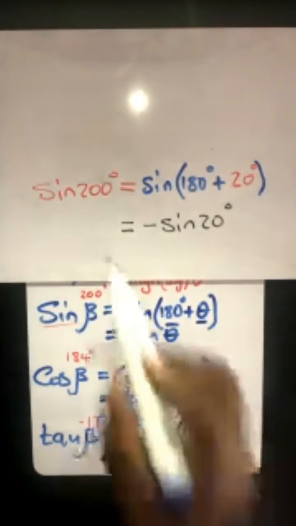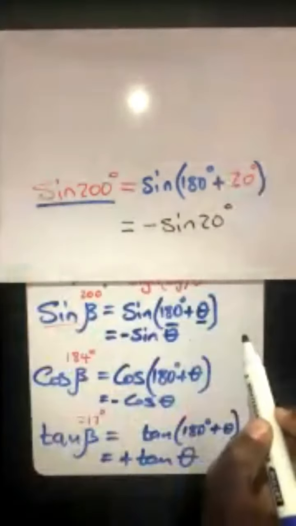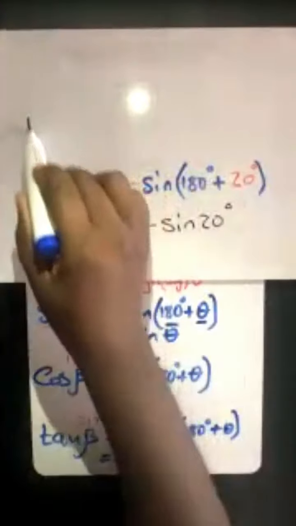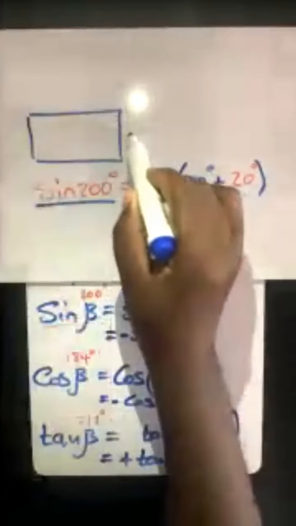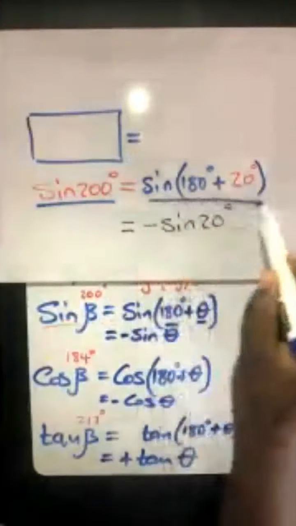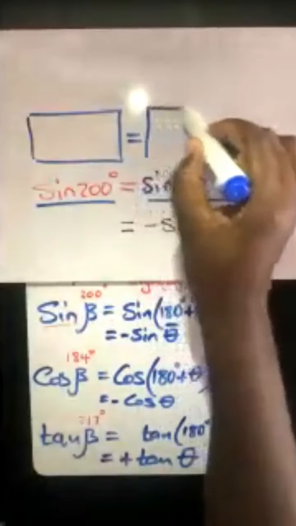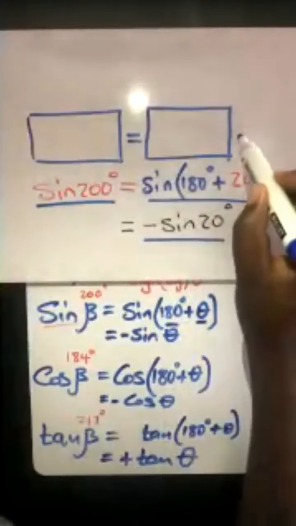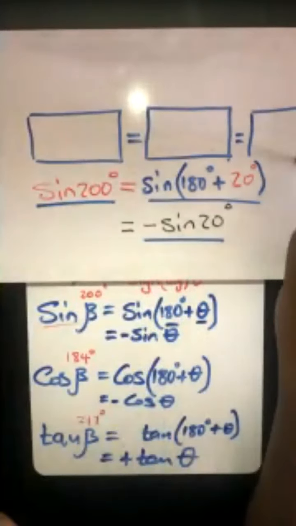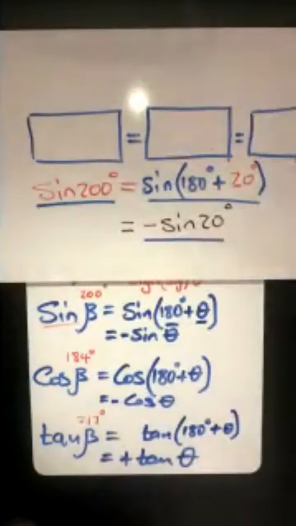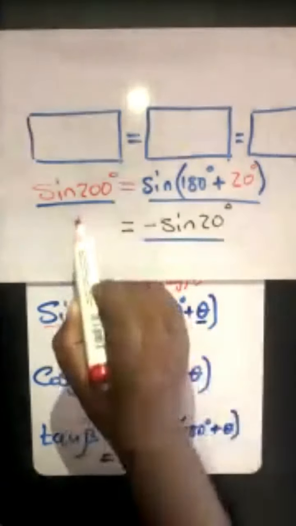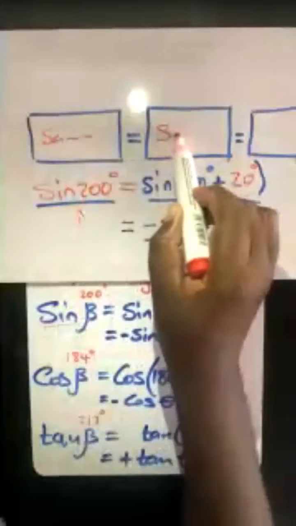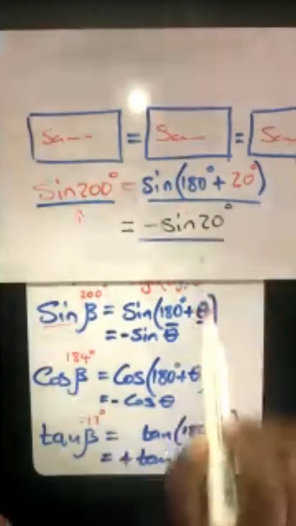So, guys, punch this on a calculator. Whatever answer you get, write it down and say it's equal to. Punch all of this on your calculator. Whatever answer you get, write it down. For you to be sure that all of this is correct, you must get the same answer.